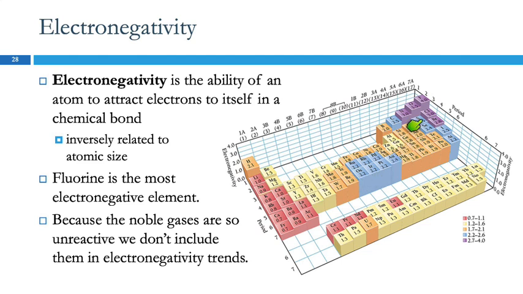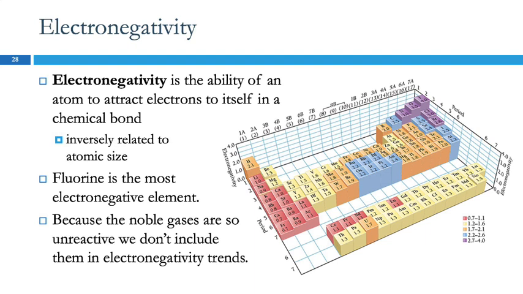What I do want you to remember is that fluorine is king of the mountain, right? Fluorine up here has the highest electronegativity, is the most attractive to electrons. So when fluorine shares with other atoms, it's almost always an unequal sharing, a polar bond. This is going to follow the same trends that we learned in the previous chapter.